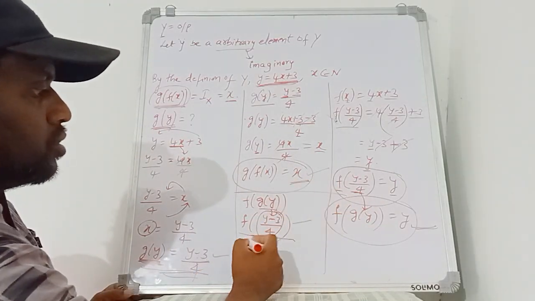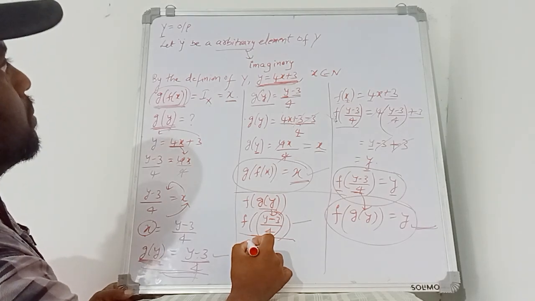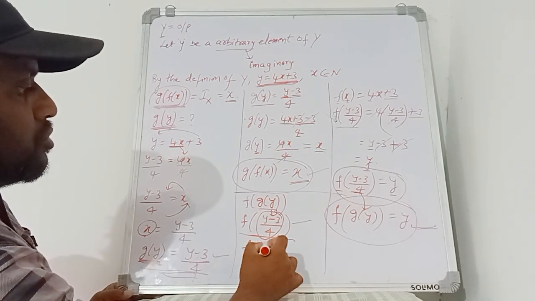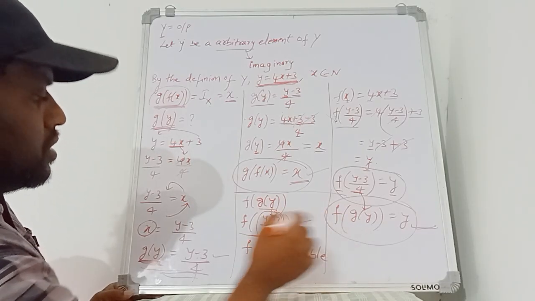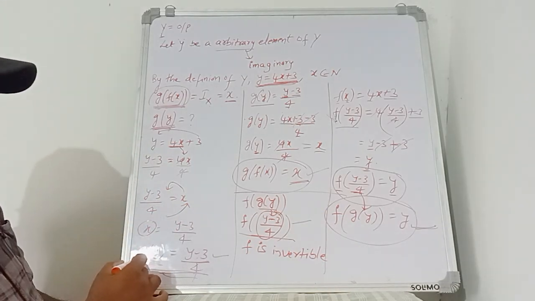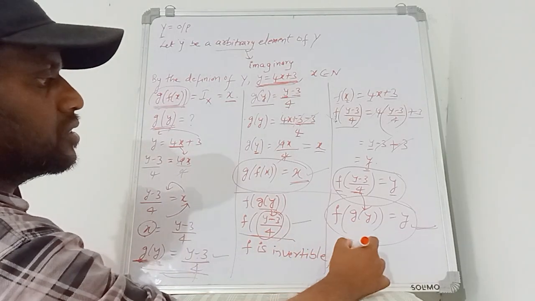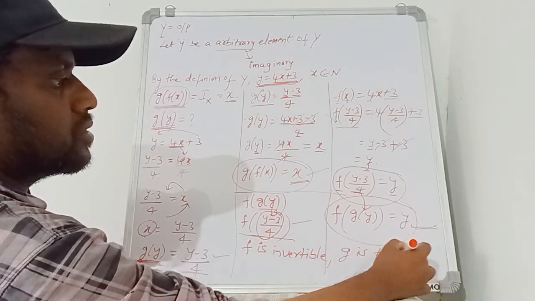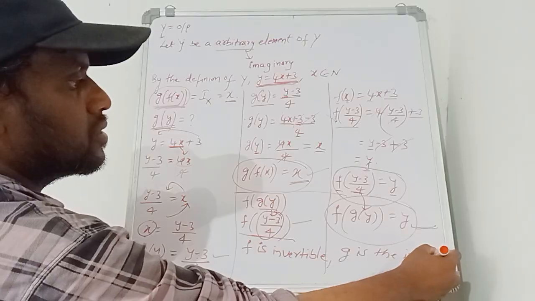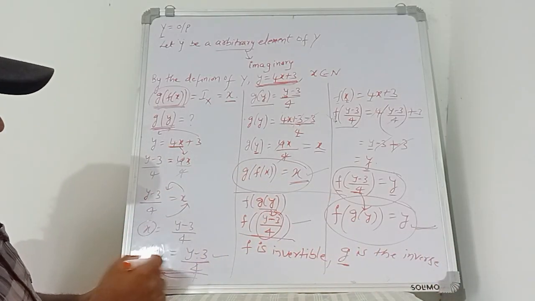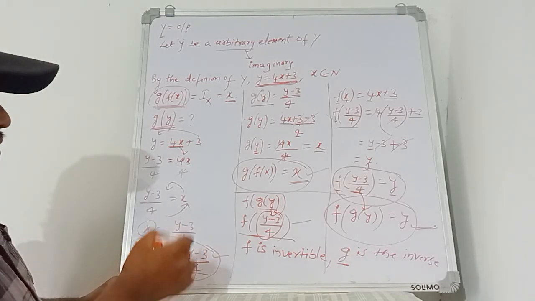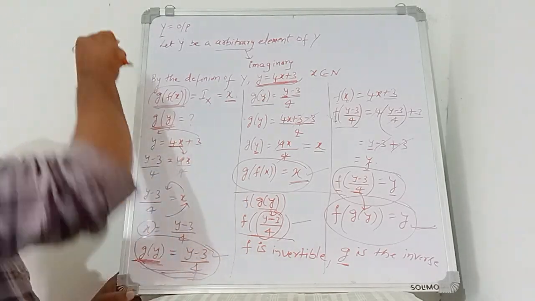So f is invertible. Function f is invertible, and this g is the inverse. That inverse function g is y minus 3 by 4.